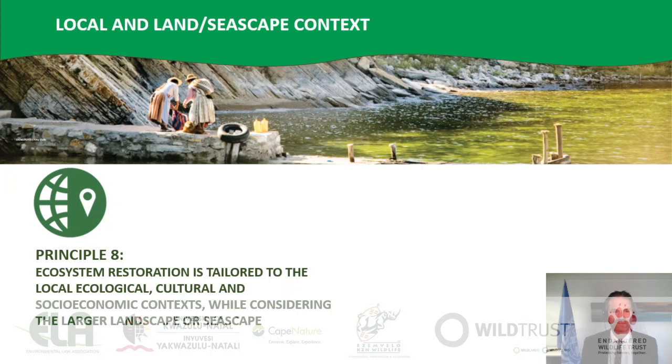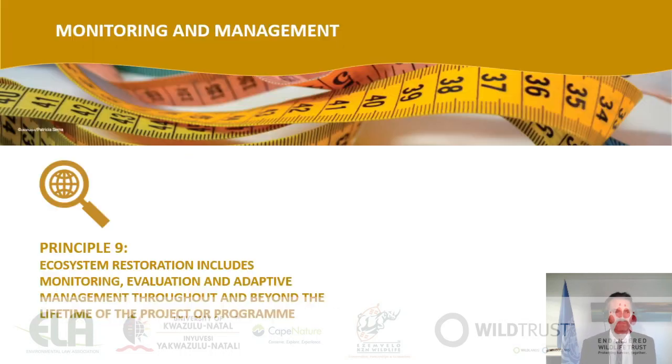And both the underlying causes of degradation and the long-term success of restoration depend on seeing both the local but also the larger surrounding landscape or seascape context. And that also applies to the political context in which the restoration happens.